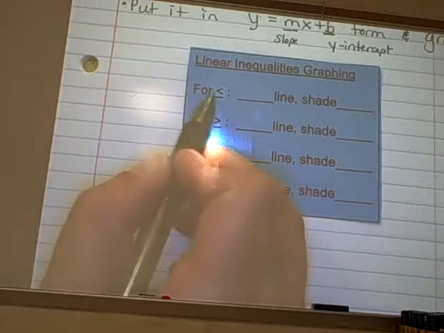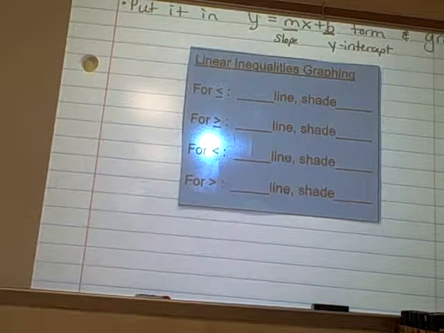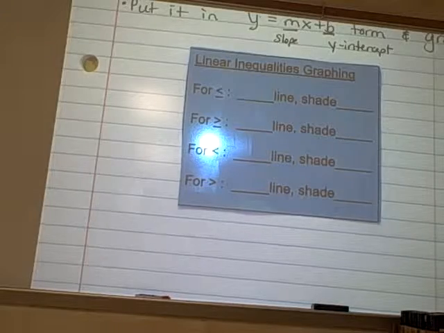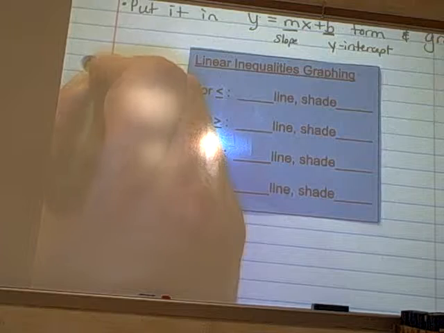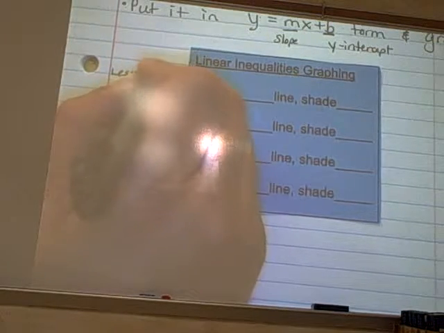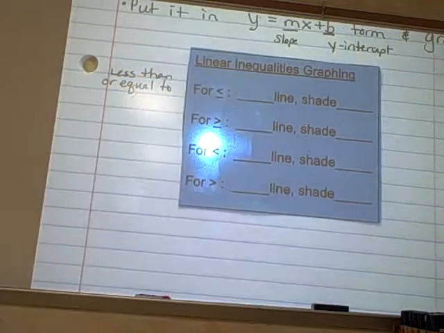Okay, if your inequality symbol, which one is this? Less than or equal to. Yes, this is less than or equal to. So write that over here, less than or equal to, beside it.